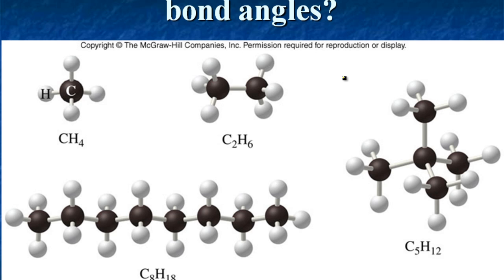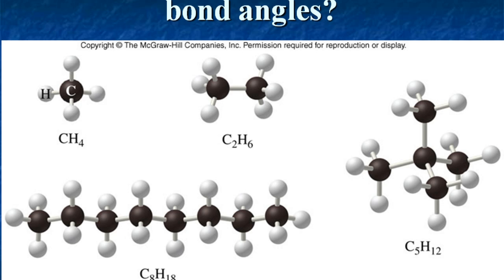So in hydrocarbons, the aliphatic or chain hydrocarbon, you will always find a tetrahedral shape with 109.5 degrees. It doesn't matter how long the chain is, as long as it's an aliphatic hydrocarbon with all these single bonds, it is going to be always tetrahedral and the bond angle is 109.5.